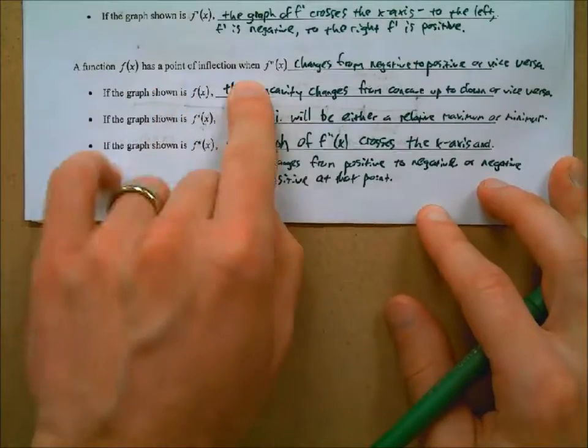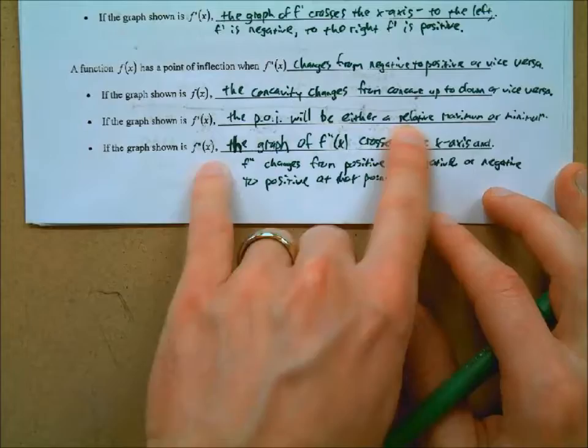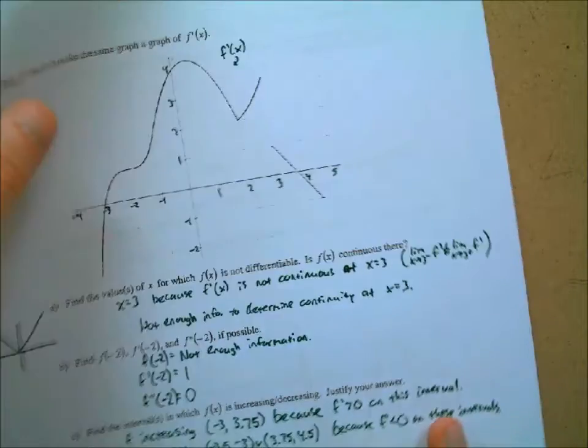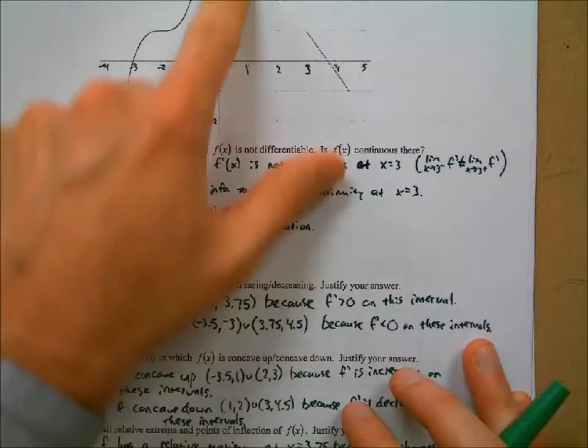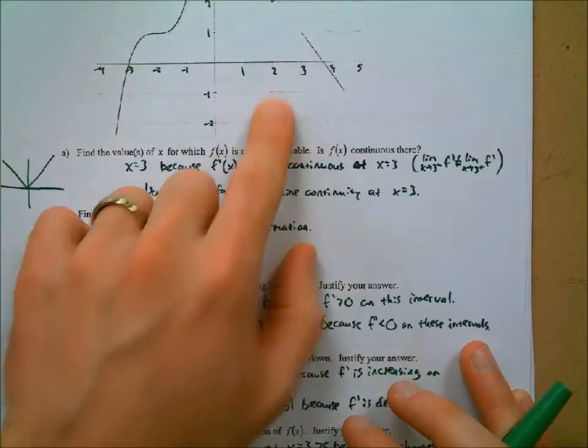So points of inflection, we go back to our little cheat sheet here. A function f of x has a point of inflection when, if the graph shown is f prime, the point of inflection will be either a relative maximum or a relative minimum of f prime. So we can see there at 1, 0.5, and at 2 as well.